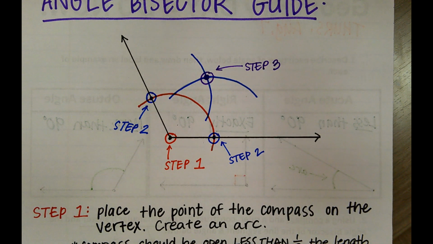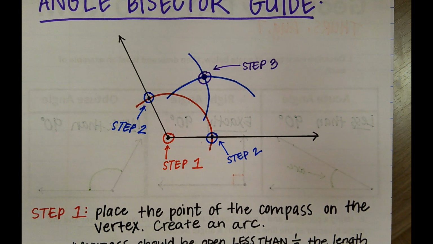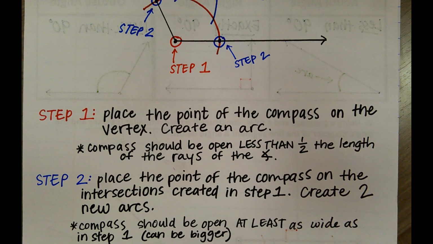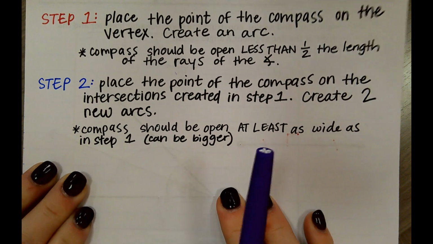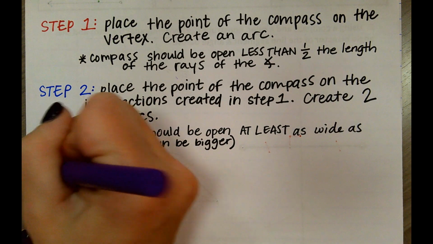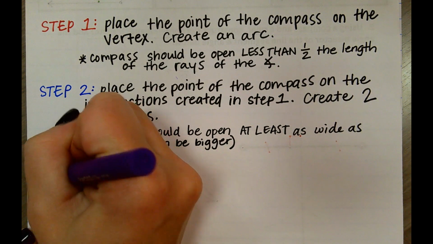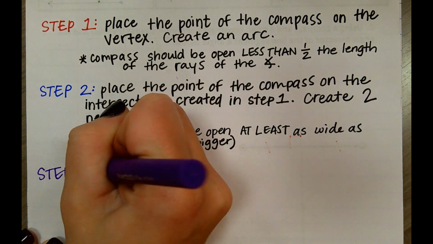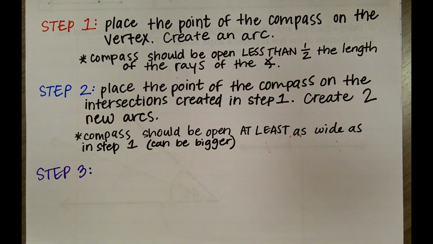Now, I hope that purple is easy to tell apart from the blue. I know it's a little close. And I'm going to write out directions for step 3, and then we're done. Yes, we will make a line, absolutely.